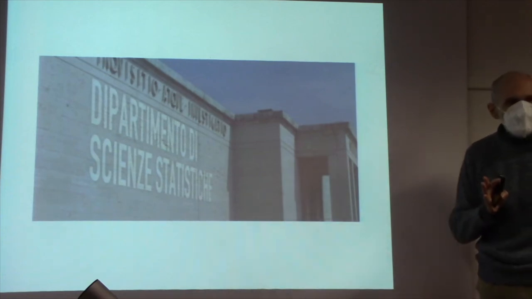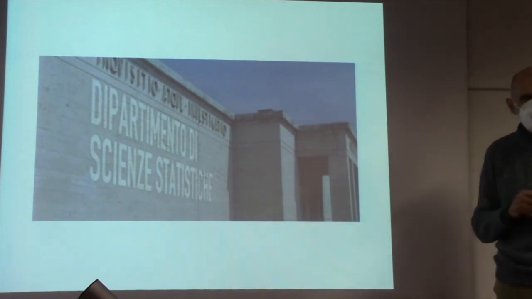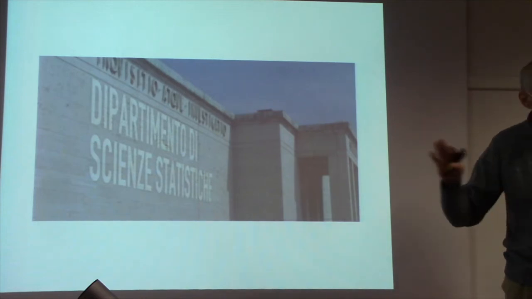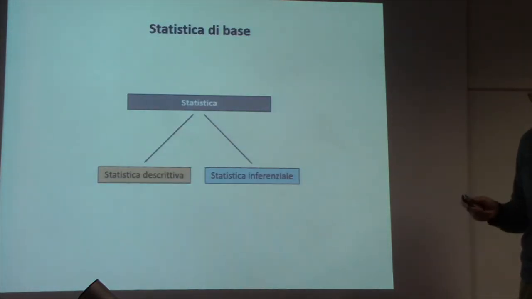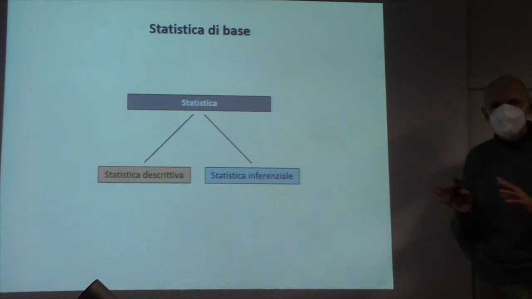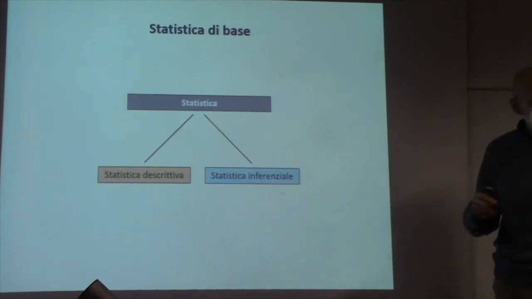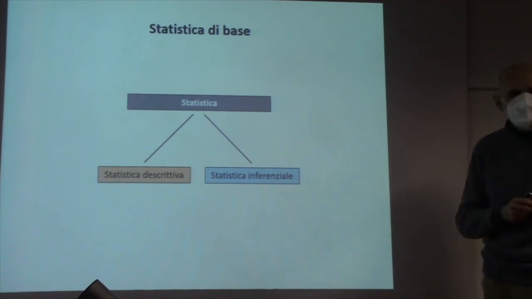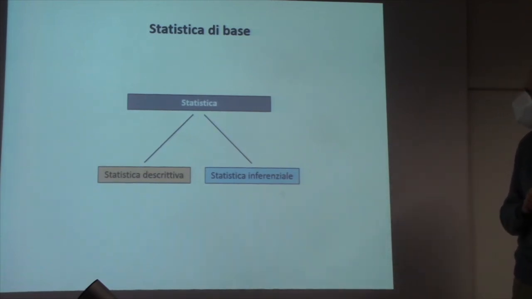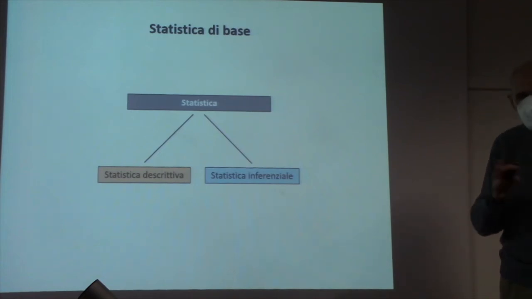So first of all, let's draw a general map, like a planisphere of statistics. Pretty easy. I've left it in Italian in order to use Italian nomenclature. English is very similar. It's very easy to understand, but I wanted to use Italian nomenclature to increase confusion.